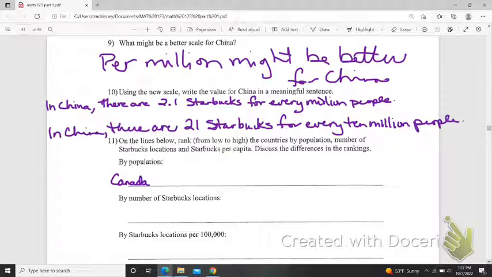So Canada, South Korea, United Kingdom, then the US, then China.